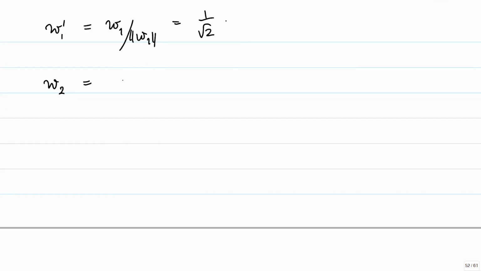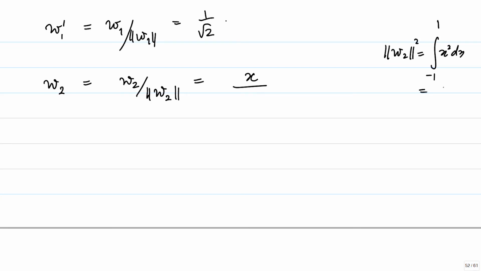W2 prime is equal to W2 by the length of W2, which is going to be x by the norm of W2. The square of this is just the integral of x square dx from minus 1 to 1, which is going to be 2 by 3, which we have already seen, because x cube by 3. And this is just going to be root 3 by root 2.